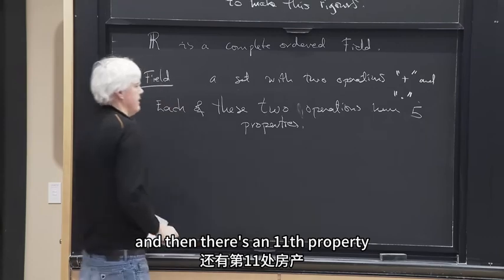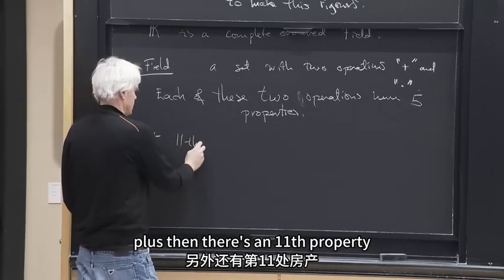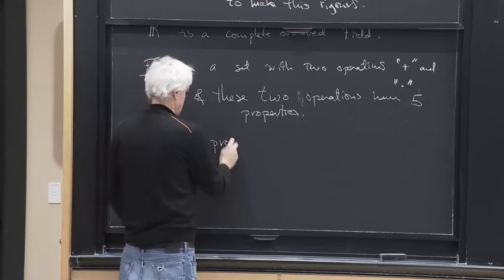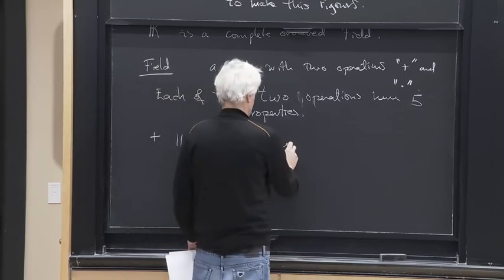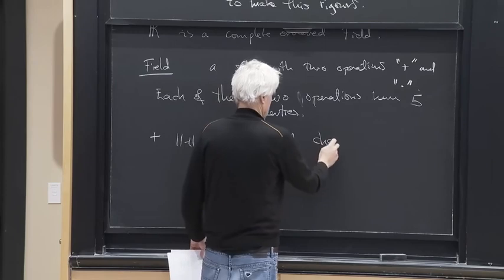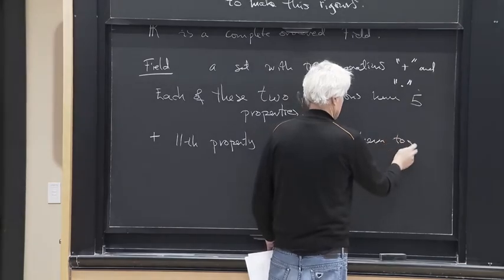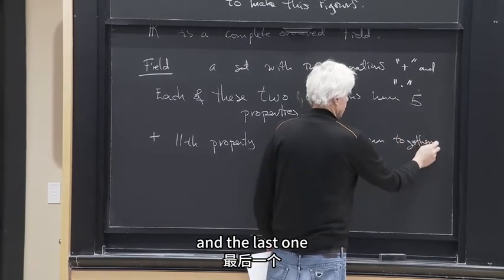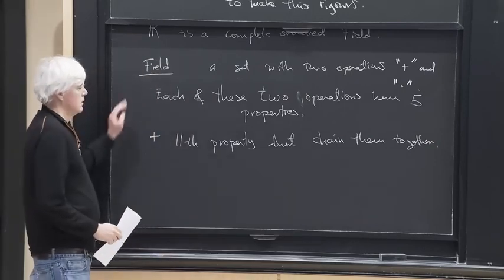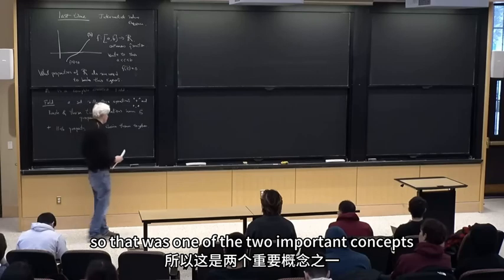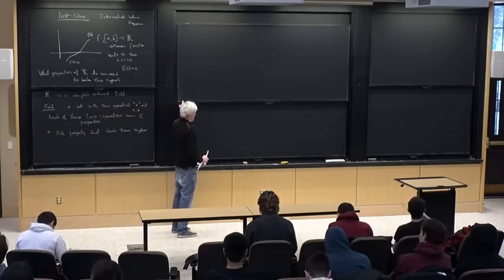And then there's an 11th property that chains them together, and the last one is usually referred to as the distributive law. So that was one of the two important concepts that we talked about last time.